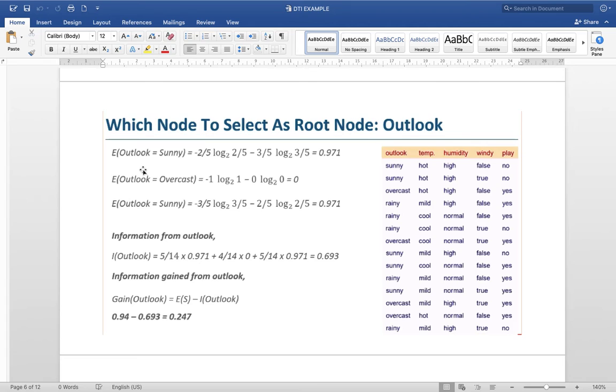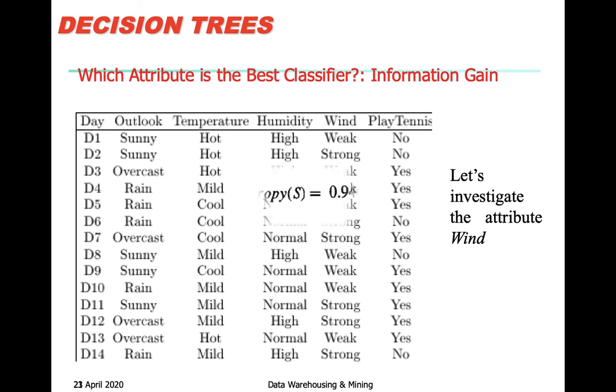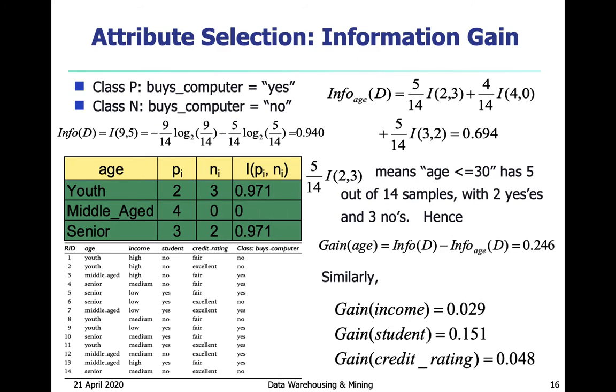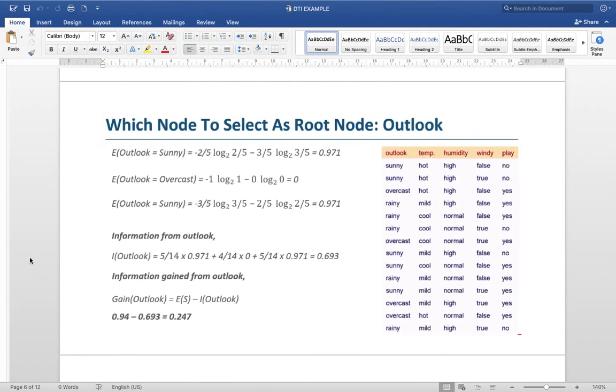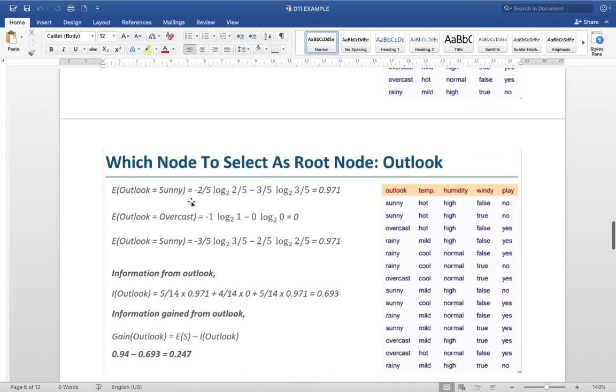In case of outlook, now I will find the gain according to this formula. For sunny, two yes and three no, so this is minus 2 by 5 log 2 of 2 by 5, minus 3 by 5 log 2 of 3 by 5.